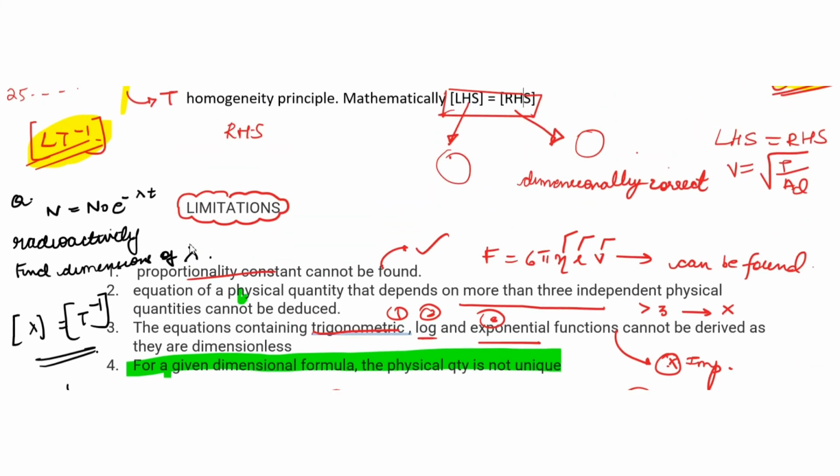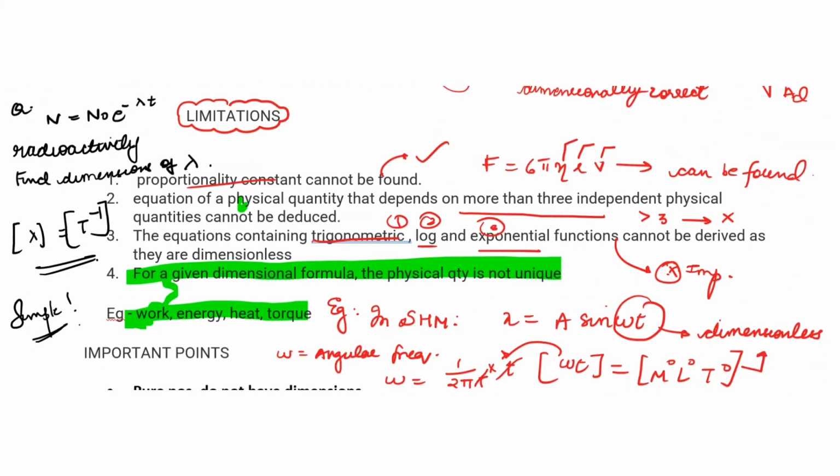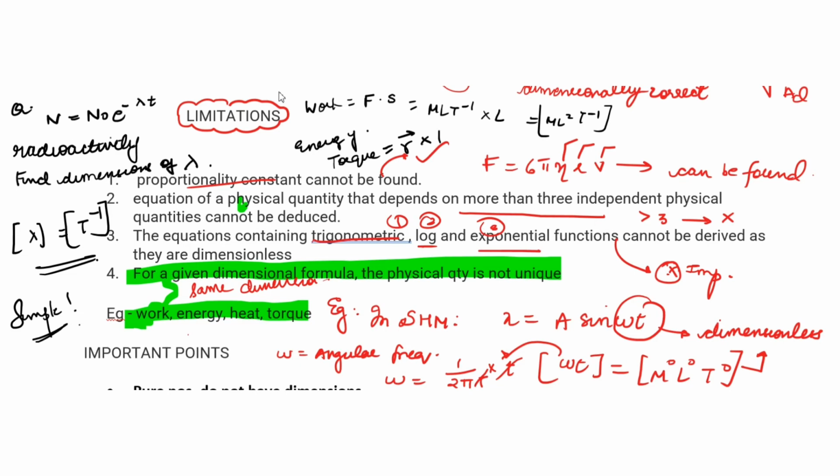Work, heat, torque, all these have the same dimensional formula, M L square T power minus 2, because they are all nothing but force into distance or displacement. Work is force into displacement, and torque is r cross F, right? So when you solve them, you will get the dimensional formula as M L square T power minus 2. So all of them have the same dimensional formula.